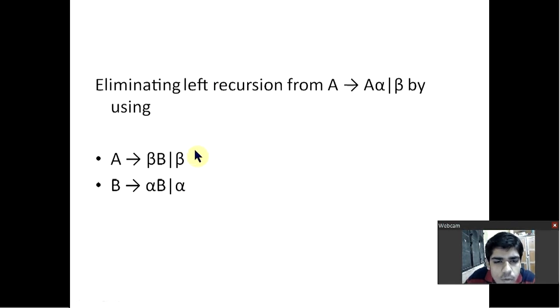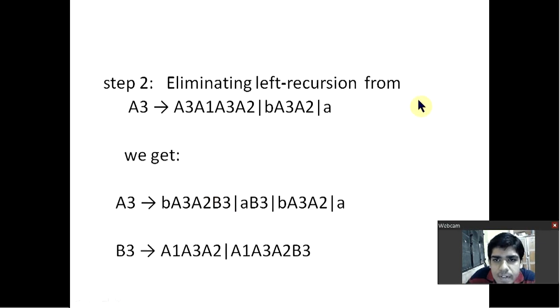That is, we have to introduce new productions for A, and we have to also introduce a new non-terminal symbol B and its productions of this form. Eliminating the left recursion by introducing a new non-terminal symbol B3.